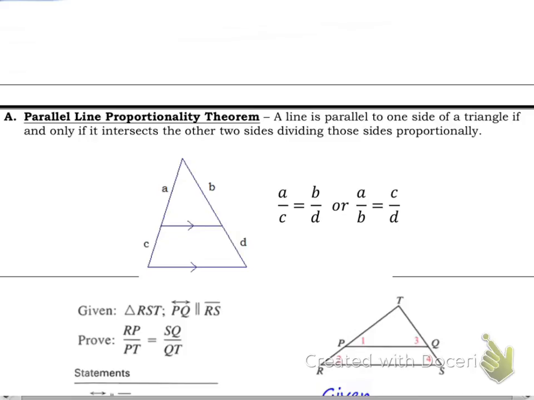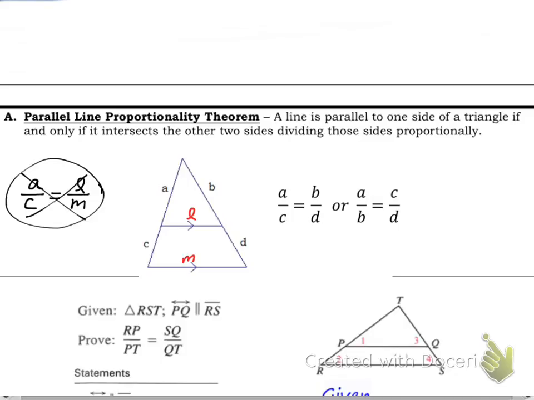The other thing this does not specifically cover is, I'm going to go ahead and name this L, and let's call this, I don't know, M. This proportionality theorem says nothing about the length of the line. So what this theorem does not say is that if I go A over C, that does not imply that has to equal L over M. This does not work.